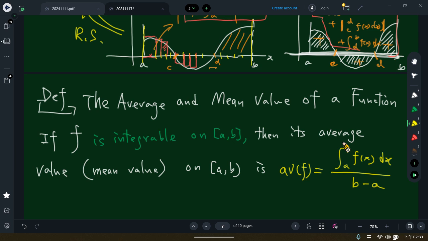So you can see this is the whole summation, but divided by the width, right?